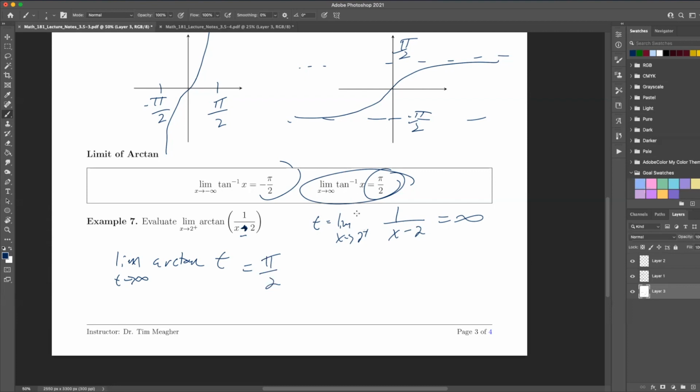I guess the equal sign's not necessarily 100% correct. I should say let t represent this, and then as t goes to infinity, do a replacement. Okay, all right, so that's the end of that.